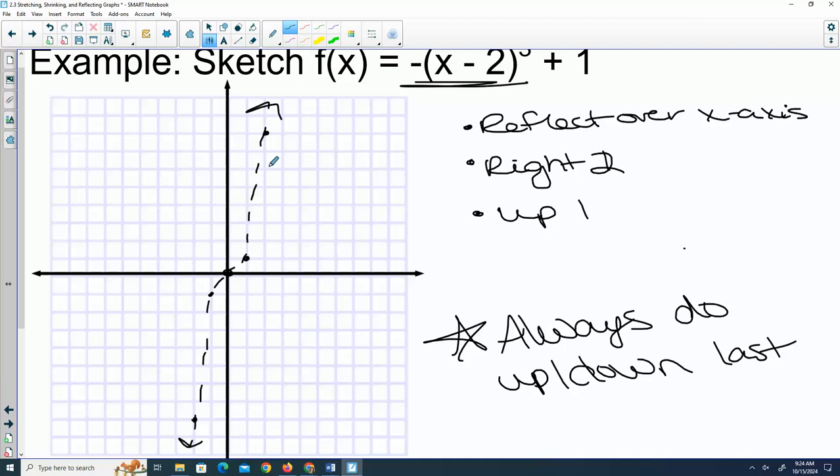If I flip this over the x-axis, does it go anywhere? No. Then I need to move that point right 2 and up 1. If I take 1, 1, if I flip it over the x-axis, it goes down here. And then I have to move that point right 2 and up 1.